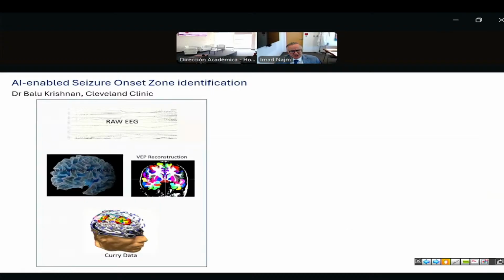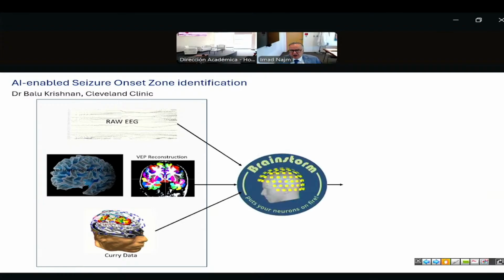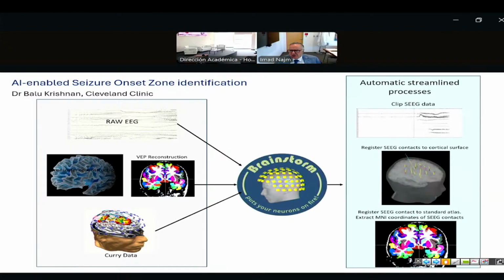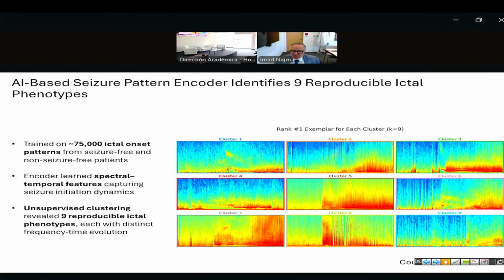Now, more recently, one of our colleagues here developed an AI model using raw SEEG data in order to come up with better, more objective ways to analyze the SEEG and to come up with potential localization of the ictal onset zone. Without going into too much detail from our data, he found 9 reproducible ictal SEEG phenotypes.